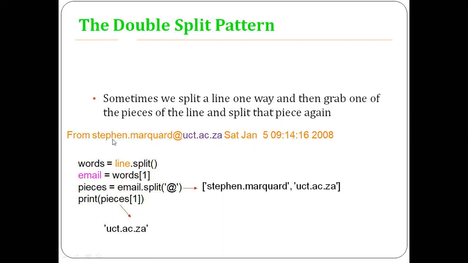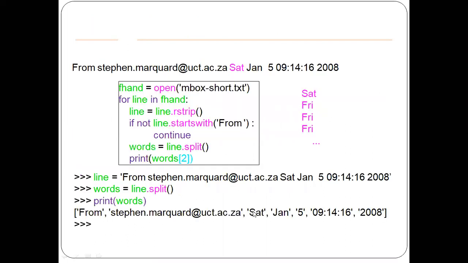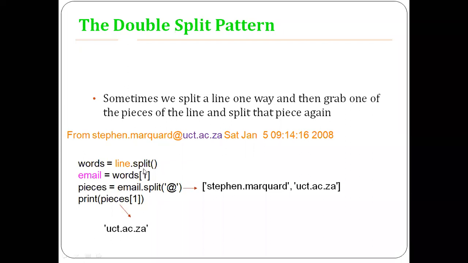So once you split it, you get 'From', 'Stephen.market@uct.ac.za', 'Sat', 'January', and all the things. These are the words we have. Now, each word can again be split into multiple words, as you can see here. So words is equal to line dot split.